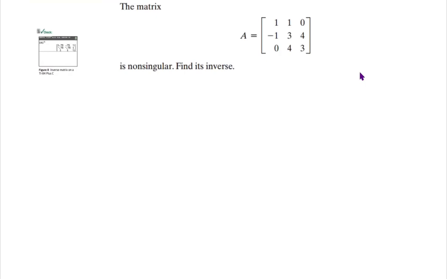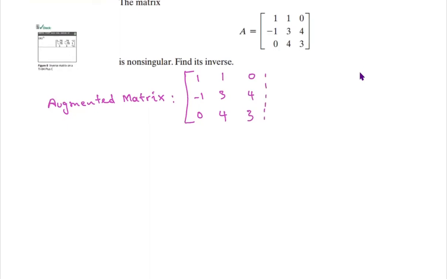So first, let's write the augmented matrix. So that's A: 1, -1, 0, 1, 3, 4, 0, 4, and 3. And then we're going to add the I3 because it's a 3 by 3 matrix.